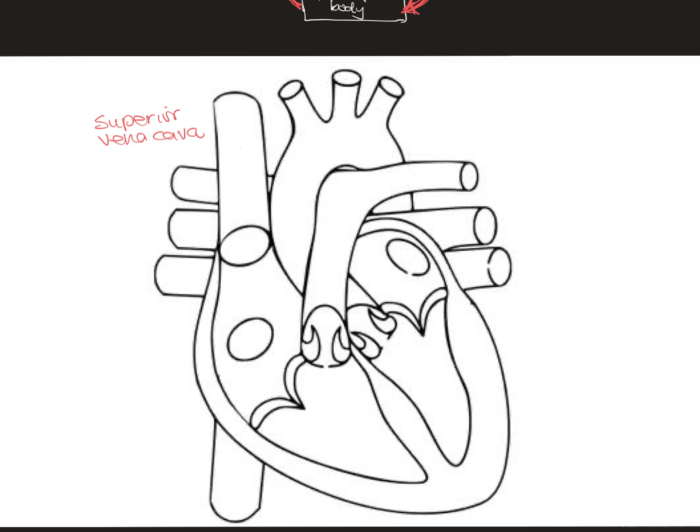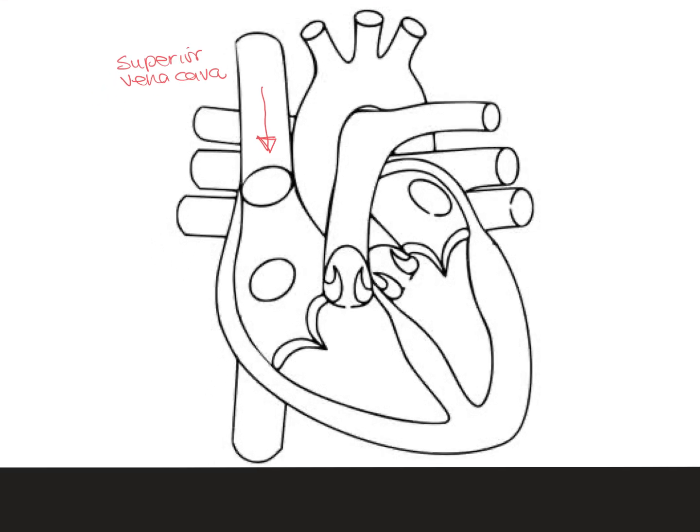Okay, so the superior vena cava brings blood from the arms, which we call the upper extremity, and from the head. So blood coming from the hands and from the head comes through the superior vena cava to the heart.